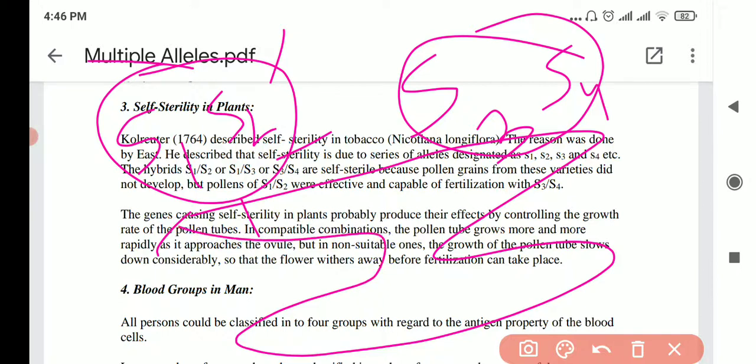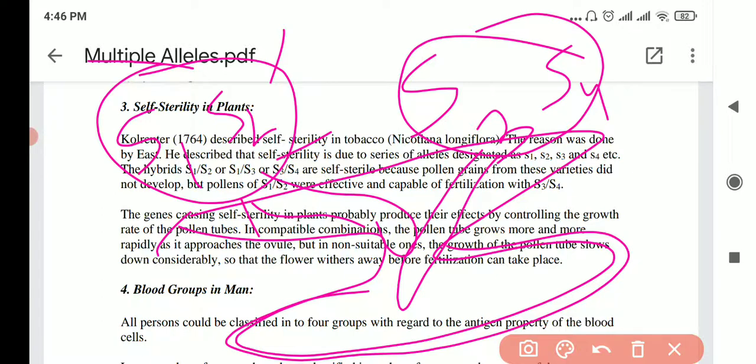This is the style. Then they develop a germ tube. And let's say this gynoecium is S3, S4. You getting it? This gynoecium has the alleles S3, S4.